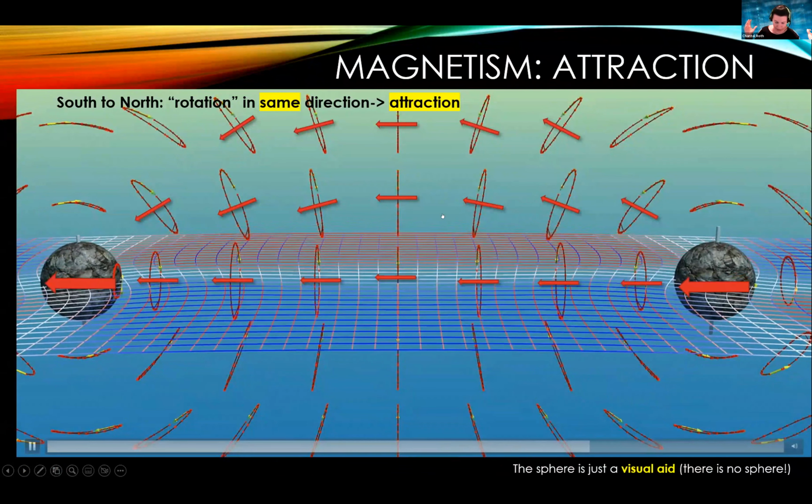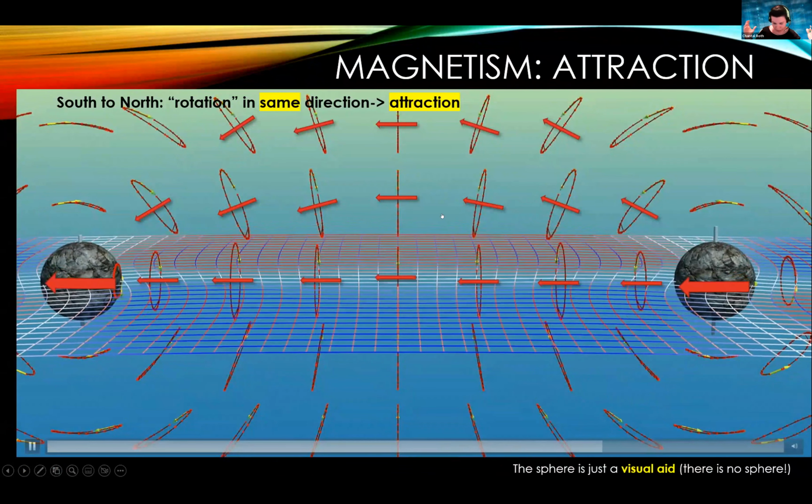And if you imagine you have stress in this elastic solid, you have two choices: you can either move further away or closer. You would always want a solution that minimizes the stress. Now look at the other way: when I flip this around, we have south facing south, and you can clearly see this results in a repulsion, because one side is moving clockwise and the other counterclockwise.